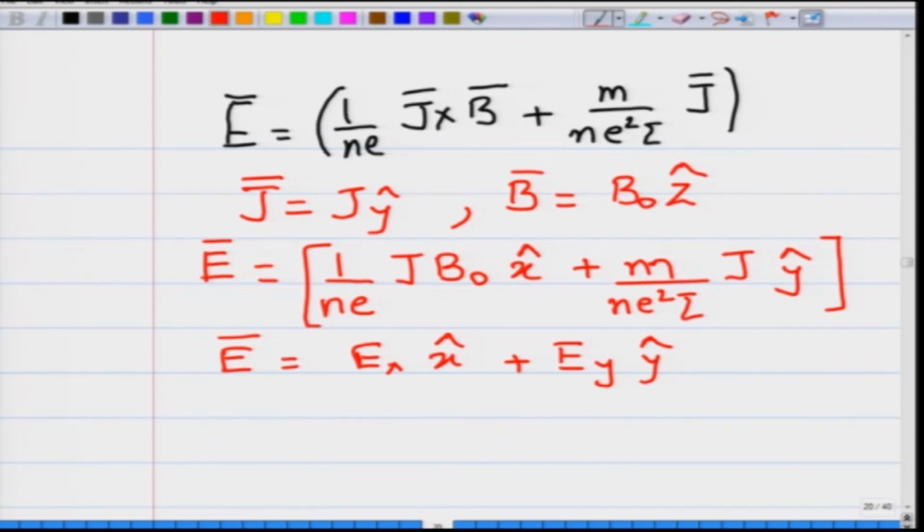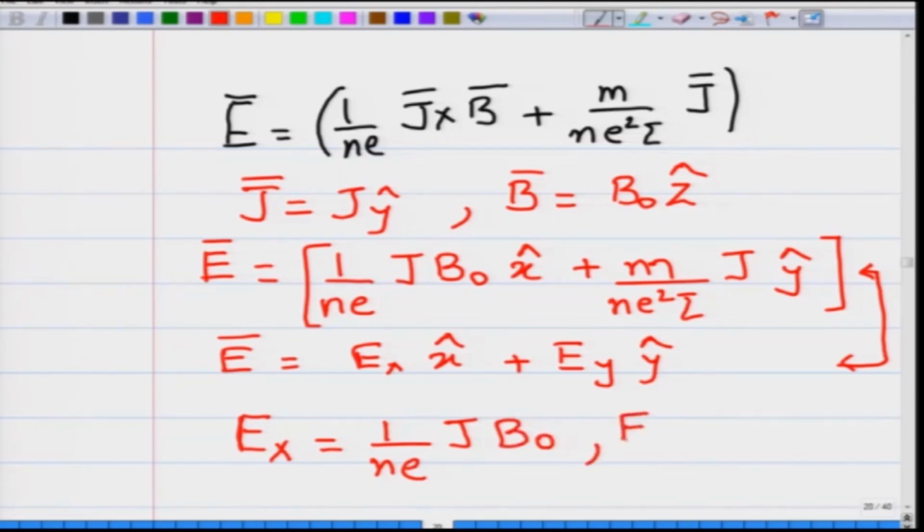By comparing these two equations, you can show that the electric field Ex is 1 over n e times J times B naught, and the electric field along the y direction is m by n e squared tau times J, which is the current along the y direction.